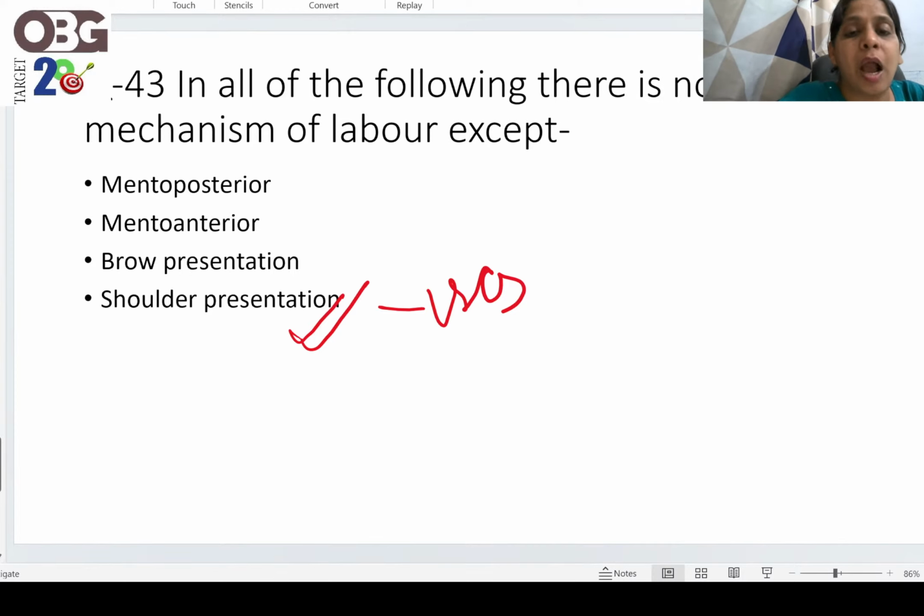Okay, let's see how. In brow presentation I already told you the diameter of engagement is suboccipitofrontal or mentovertical.